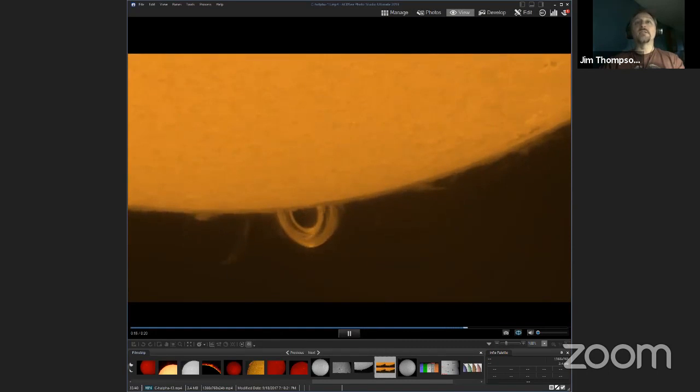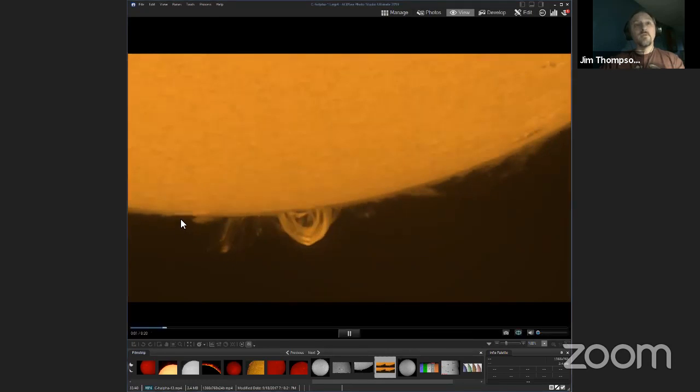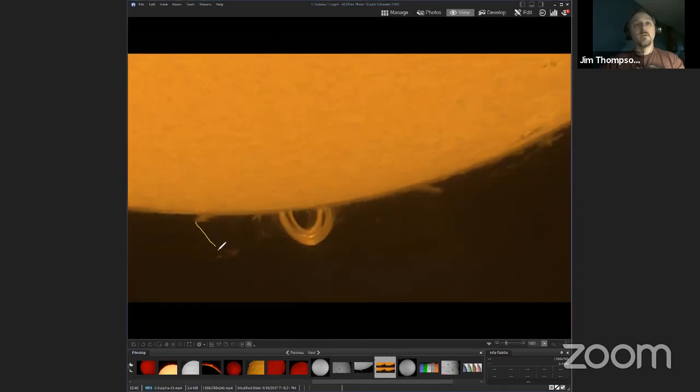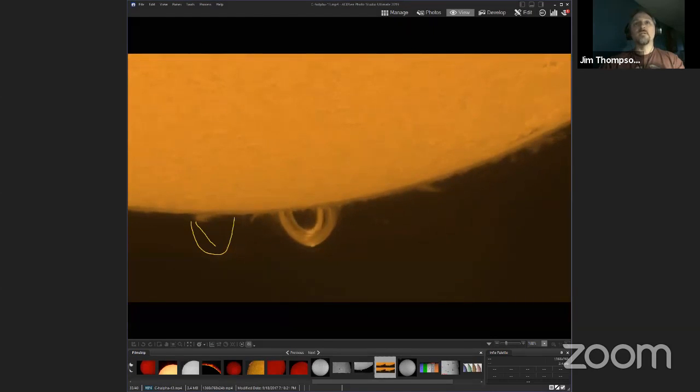And it's a little bit misleading because if we look over here, can I draw over top? Maybe not. Yeah, I can. Good. There's a loop over there on the left. That material seems to be moving around the loop.